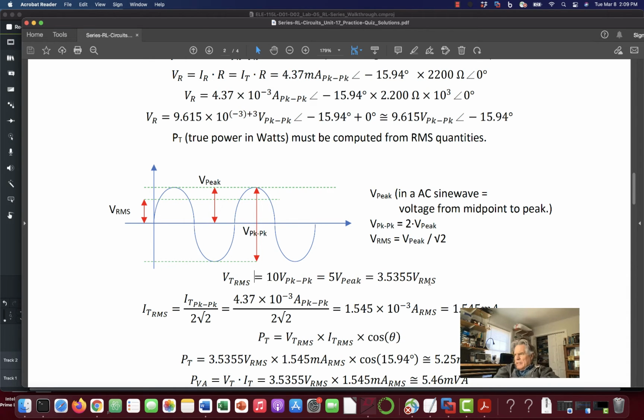Now let's go back to that power line example. The power out of the wall is rated at 120 volts AC RMS. If I took 10 12-volt car batteries and connected them in series, I'd have 10 times 12, or 120 volts. If I plug that into a resistance heater, it would warm up the room at a certain rate and to a certain level.